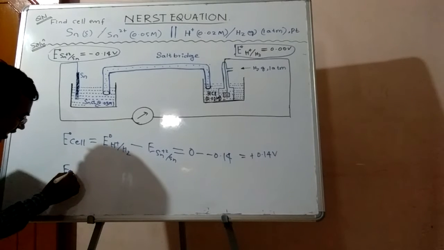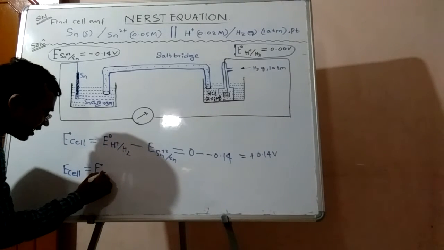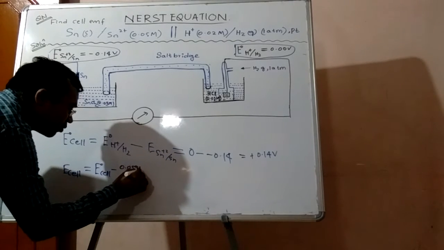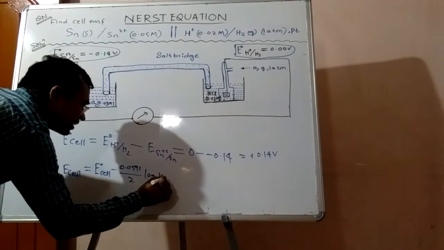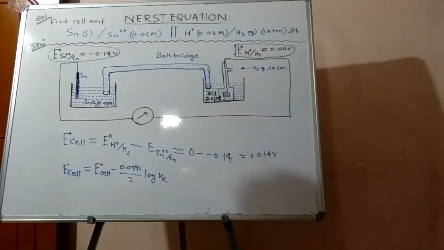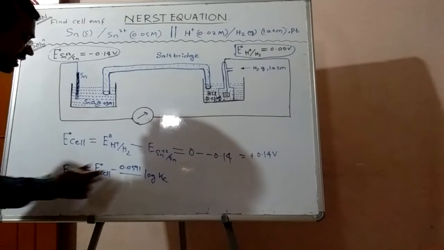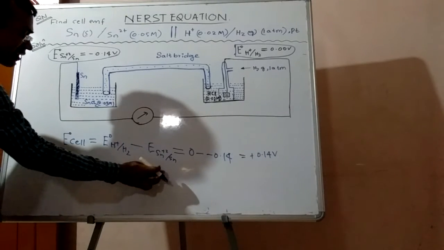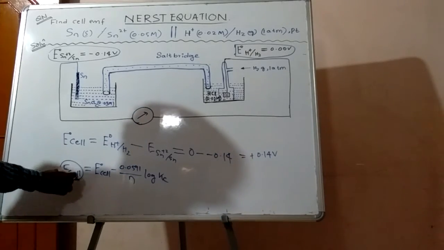Now we have to find E cell. E cell equals E0 cell minus 0.0591 by n log Kc. Now we have to find Kc, and n is also not known to us. We have to find n and Kc, and we will apply them so that we may find E cell.